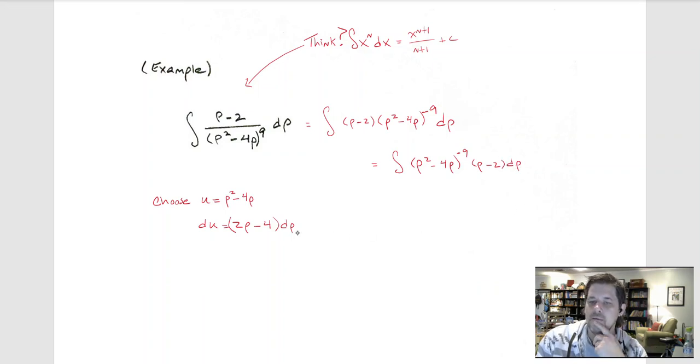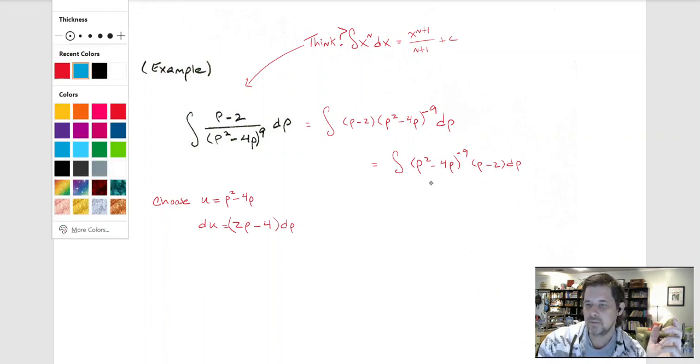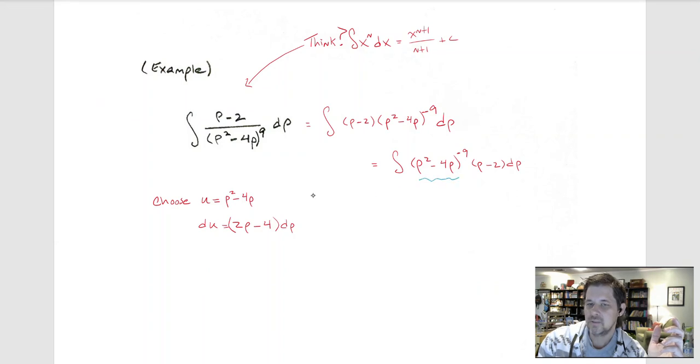Okay, so that says, let's see, see where I'm going. So this will be u to the minus 9 power, and that will be like our rule. But what about this? Can I get this to be du? Because that's the way it's going to need to be for this rule to become applicable.